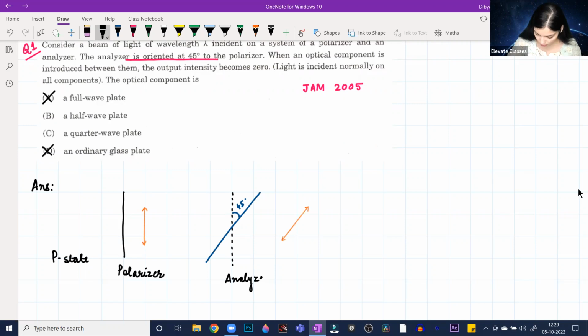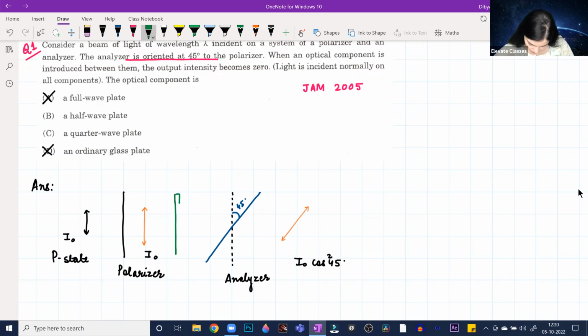Okay, so this we know very well. I know that if this was a P state, the intensity here was I naught. Let us say the input state was also like this. So the intensity remains I naught here also, and here it will become I naught cos square 45. So this we know from Malus law. Now the question is asking that I take some optical element and I put it over here.